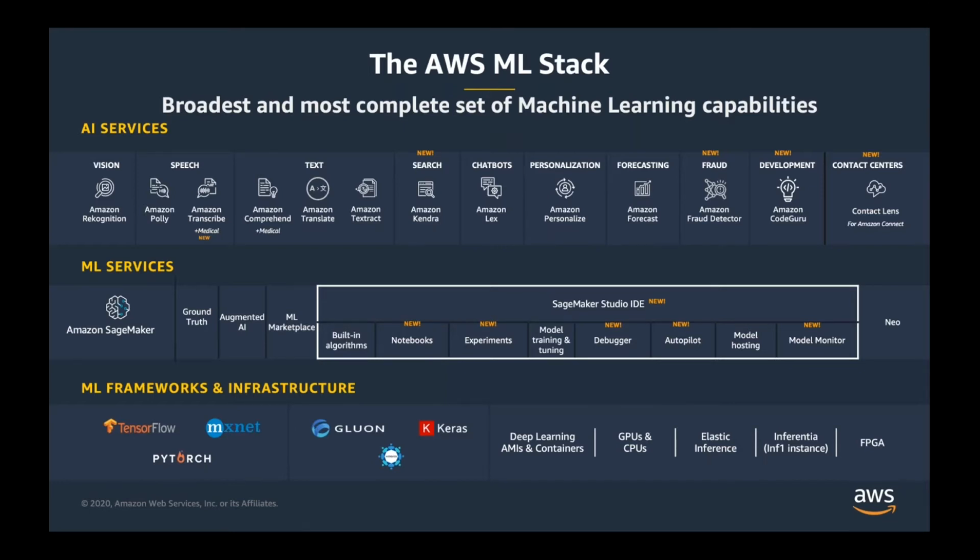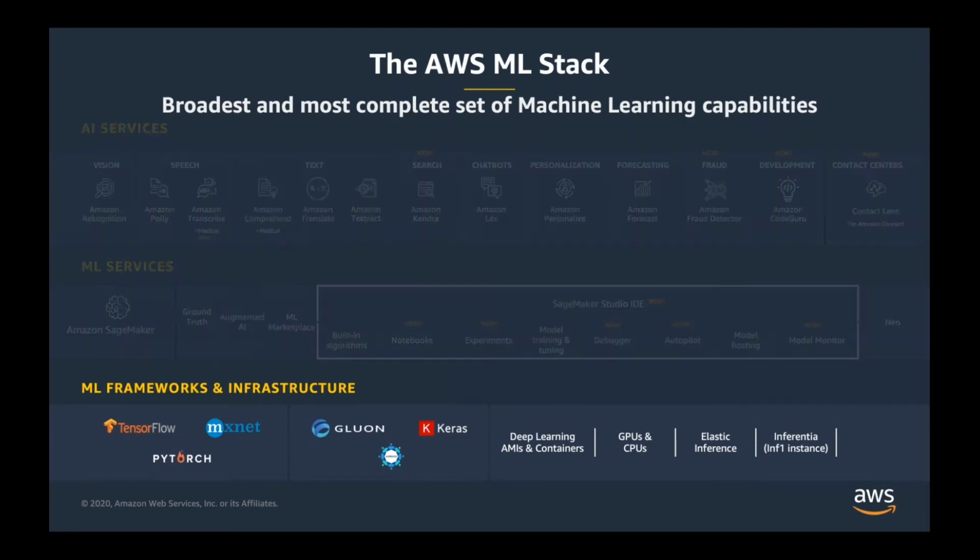And then that last layer over here, this is our machine learning frameworks and infrastructure. These are for advanced machine learning practitioners, data scientists who are really comfortable at that framework level. You see different types of frameworks. We want to make sure that we have each of those optimized to run the best they can on the AWS cloud.